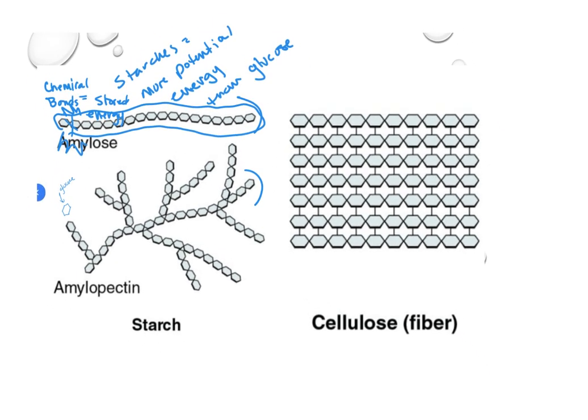Now, cellulose is like starch, all right, but cellulose is found in plants. And this is the reason why you can't just go out and grab a handful of grass and chow down like our bovine cow friends can. And the reason is that cellulose fibers are just repeated units of these starch molecules that are bound very much together.